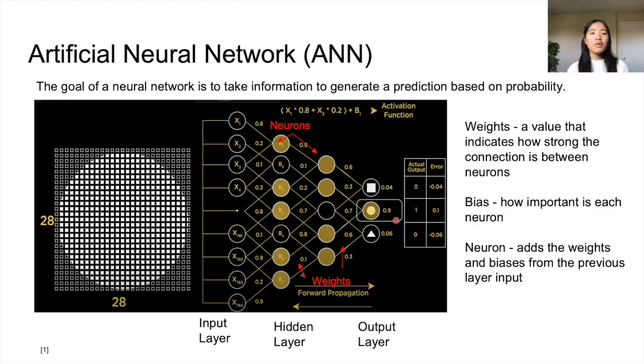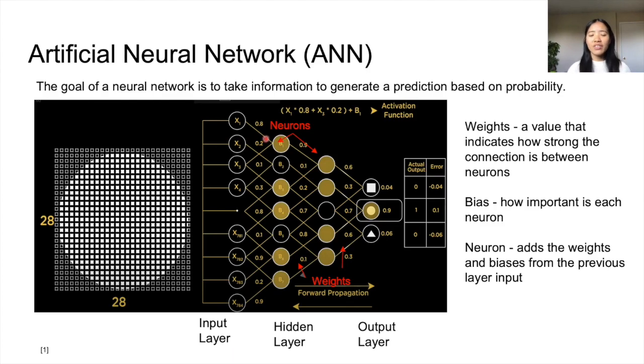Now you might be wondering, how exactly did the network come up with this prediction? What really was going on in the hidden layers that allowed it to come up with this result? To understand that, you have to understand what weights and biases are. Weights, which are the connections between different neurons, are an indication of how strong the connection is between neurons.